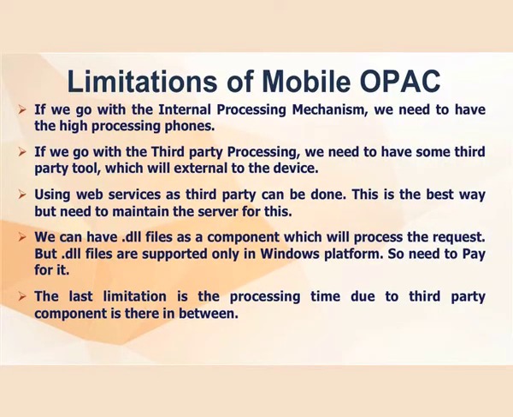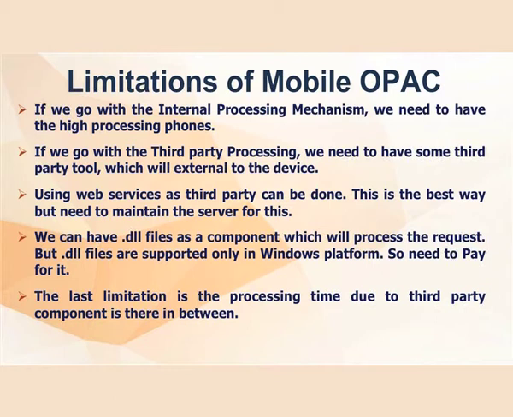So, there are some limitations of mobile OPAC. If we go with the internal processing mechanism, we need to have higher processing phones. If we go with third party processing, we need some third party tool external to the device. Using web services as third party can be done. This is the best way, but we need to maintain a server for this.